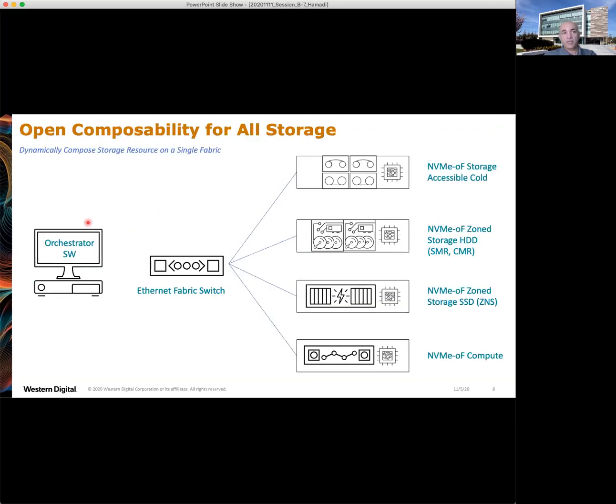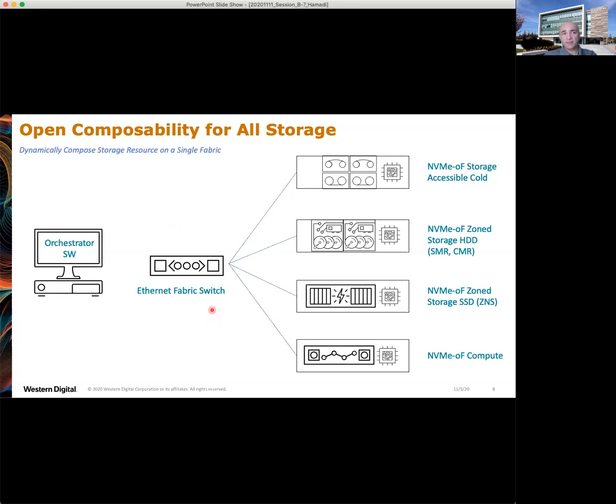Now, let's talk about what all of this evolution means in the area of open composability. With NVMe over Fabrics controllers, devices, platforms, and all the specs evolving, open composability is now becoming more of a reality. So for the first time, we have all the ingredients needed for true open composable infrastructure in the data center. NVMe over Fabrics is considered the backbone for the interconnect in this case.